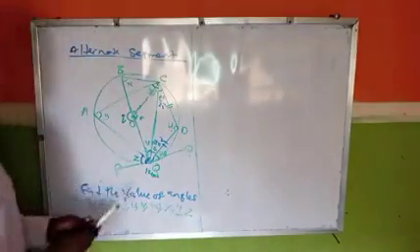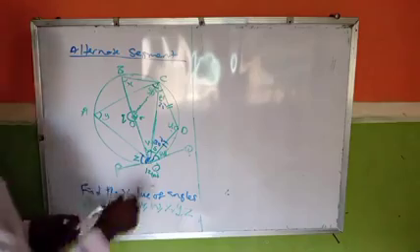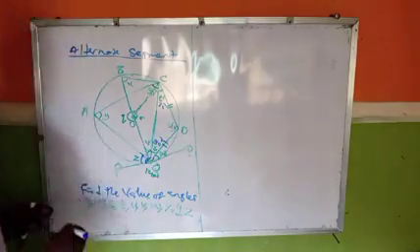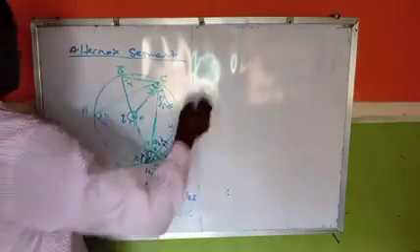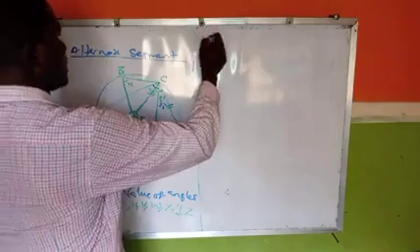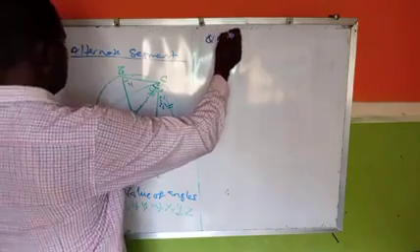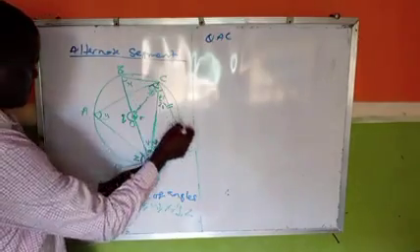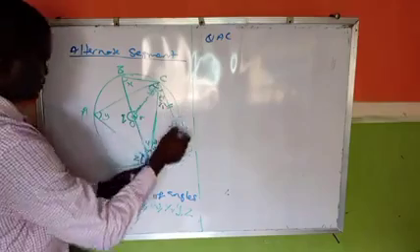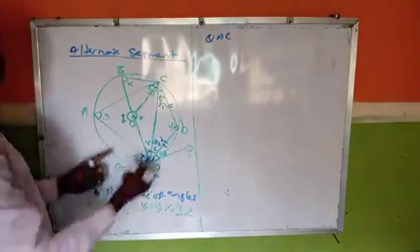So let's proceed. Look at it again. This angle U and this. So let me write it in the normal way. Let's say angle QAC. Look here. This is a cyclic quadrilateral.